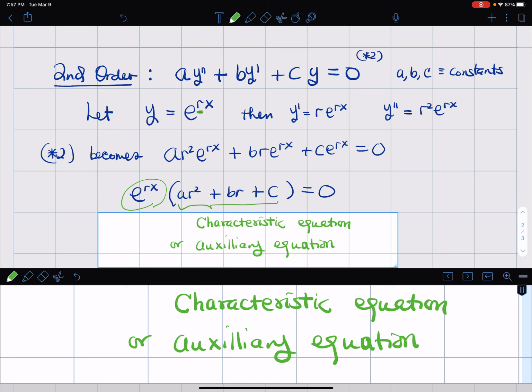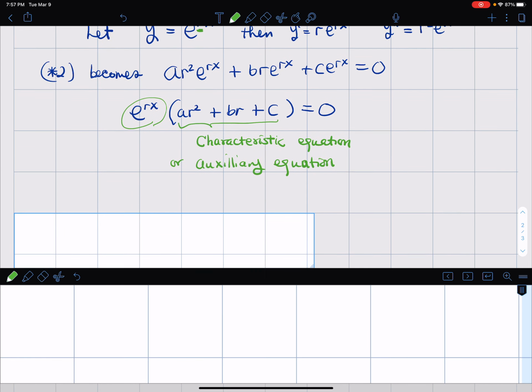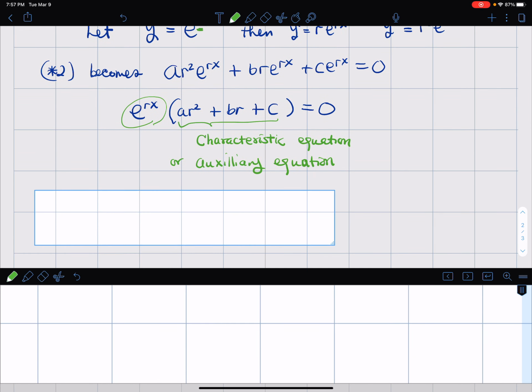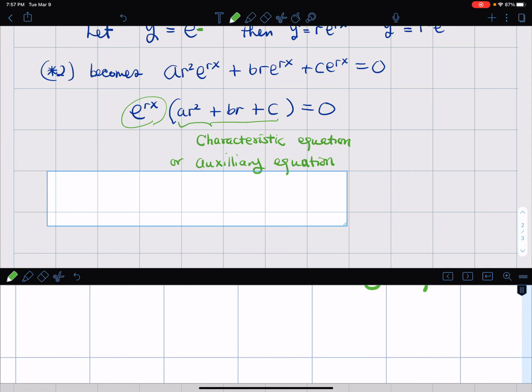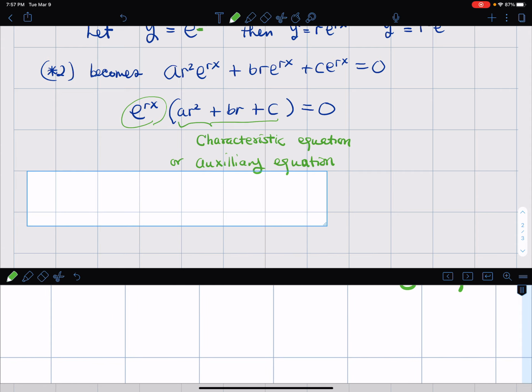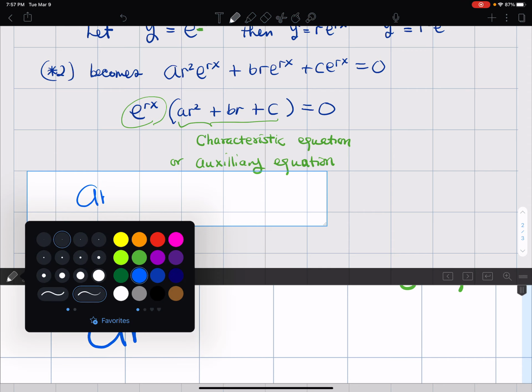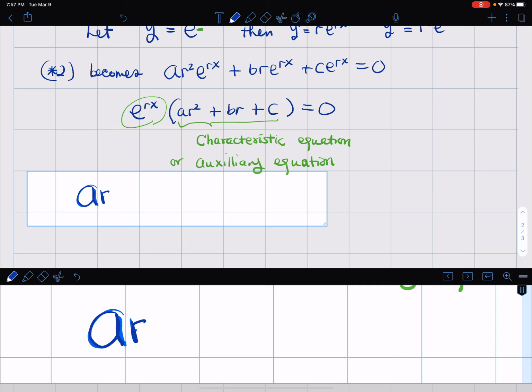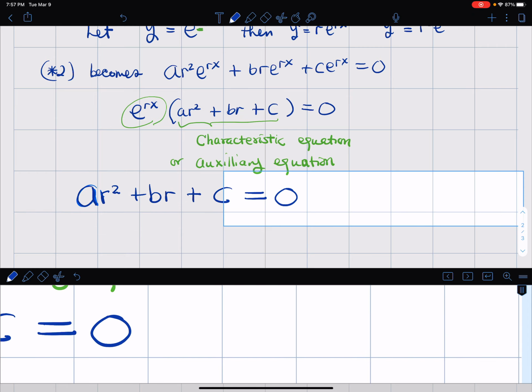All right, so now let's go ahead and see what could happen if we solve this equation now. If we solve ar squared plus br plus c, the auxiliary equation, equal to 0, we're going to end up with two solutions. This is a quadratic equation.